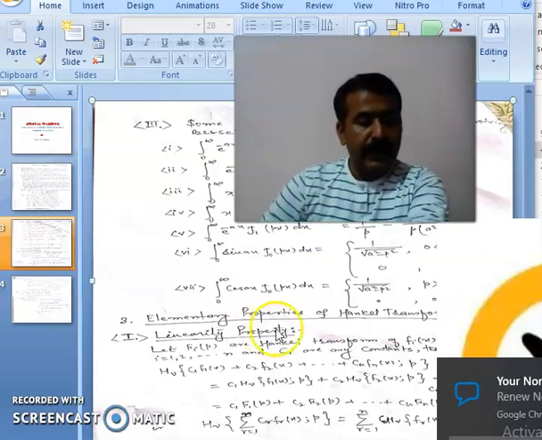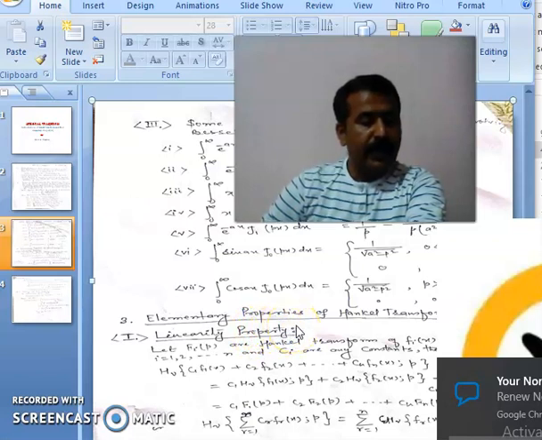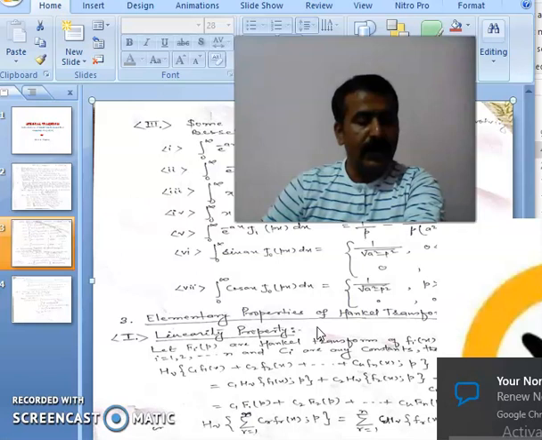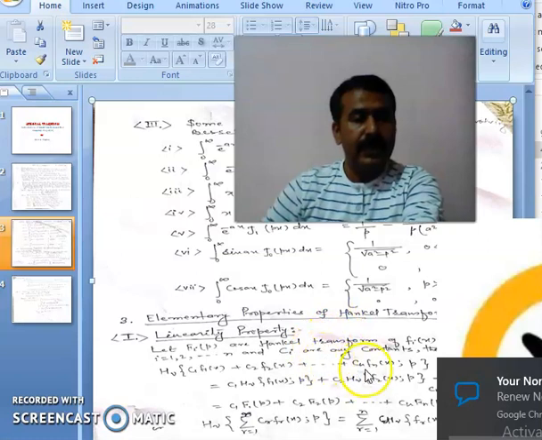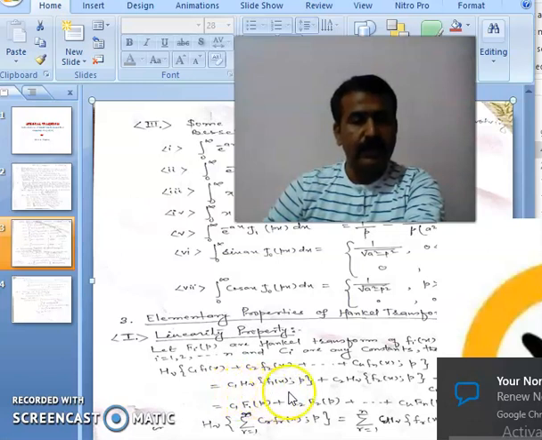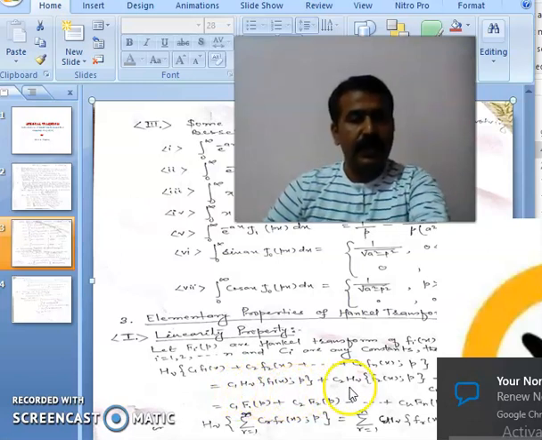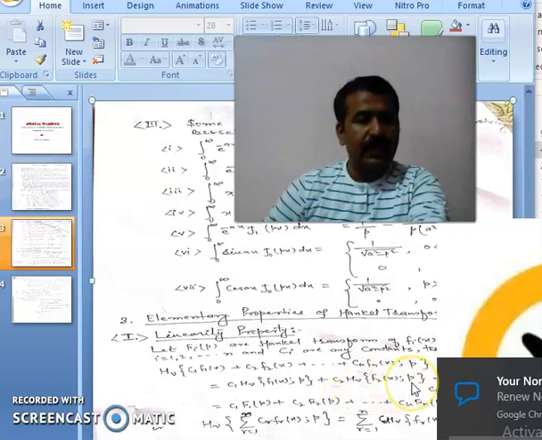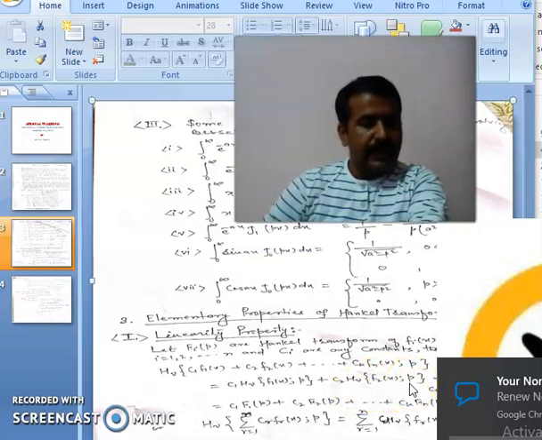let Fi be the Hankel transform of fi(x) for all i equal to 1 to n, and ci are constants. Then Hv of c1 f1(x) plus c2 f2(x) plus dot dot dot cn fn(x), such that p, can be written as c1 Hv of f1(x) such that p, plus c2 Hv of f2(x) such that p, plus dot dot dot cn Hv of fn(x) such that p.